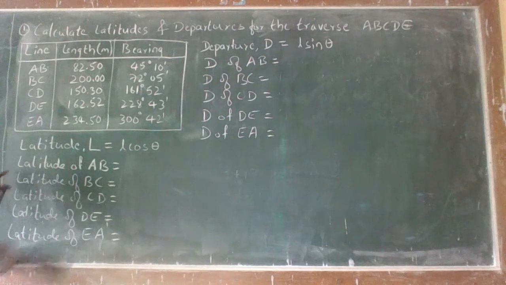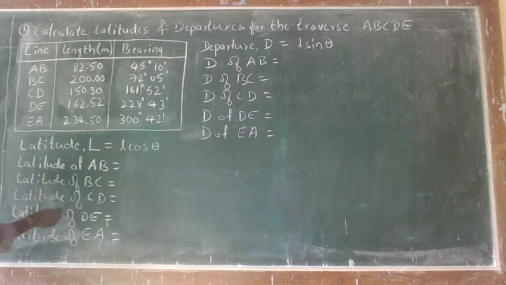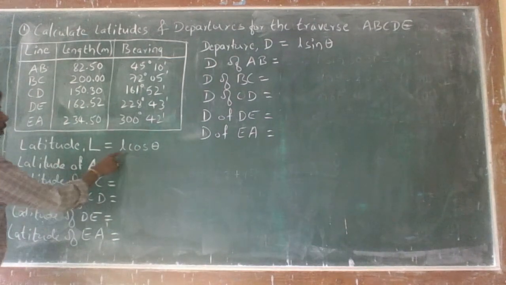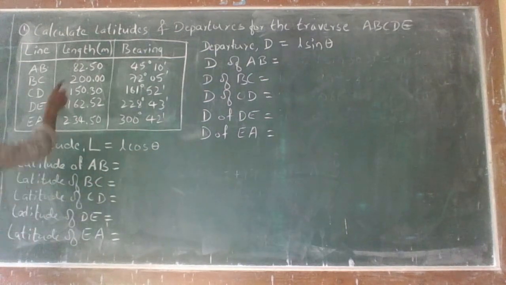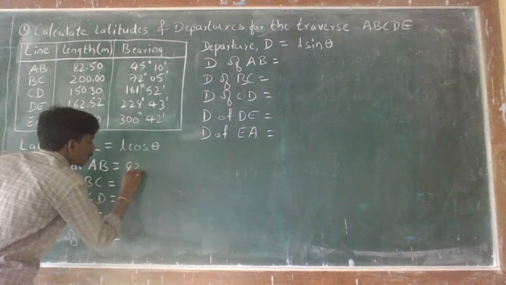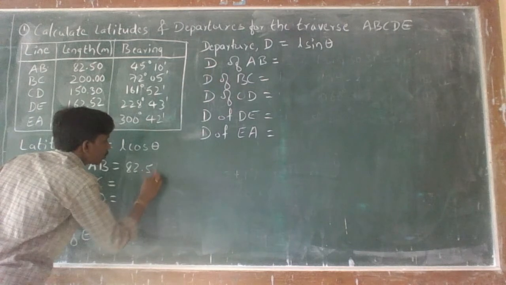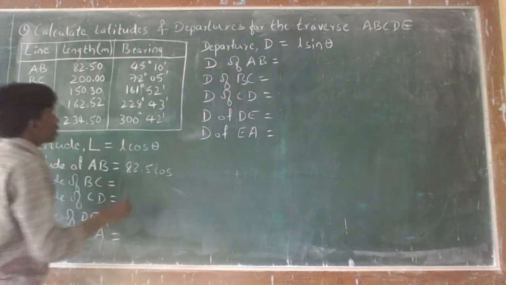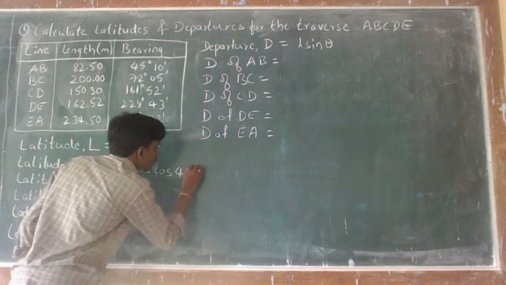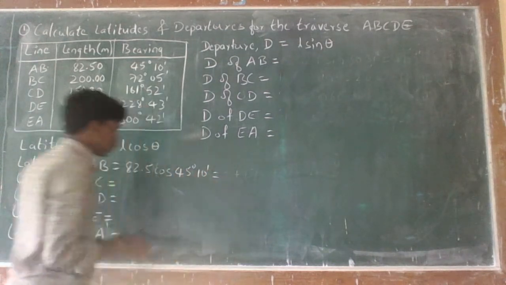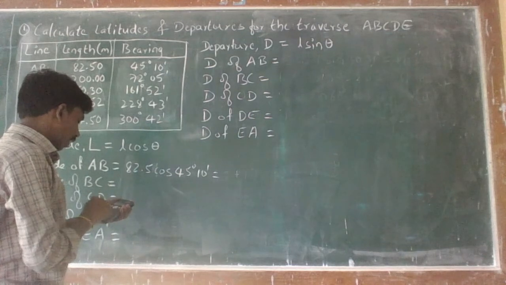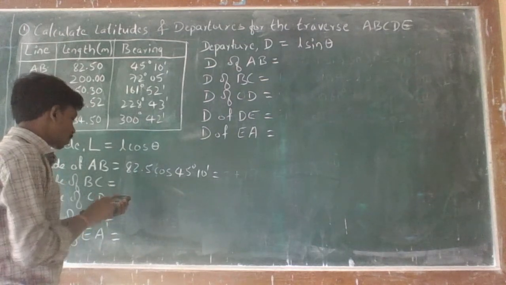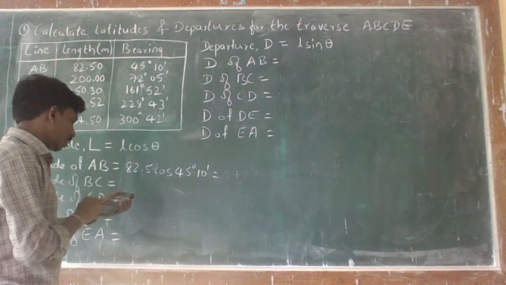So latitude of the line AB. Here, as per the formula L cos theta, the length is 82.5. So take 82.5 cos. Bearing is 45 degrees 10 minutes. So calculate 82.5 cos 45 degrees 10 minutes.